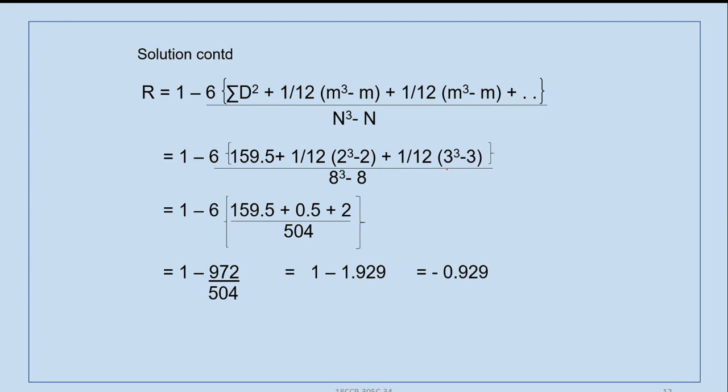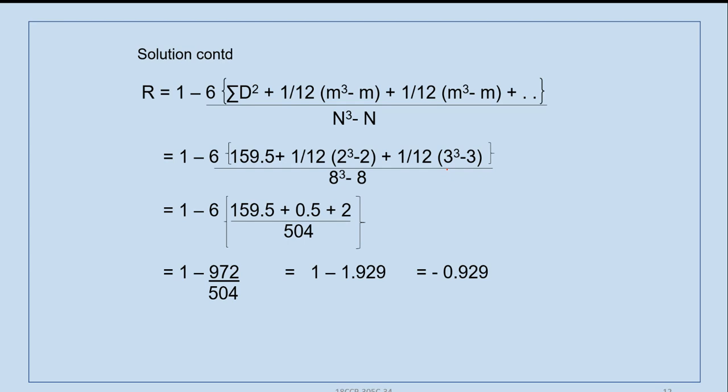So sigma d square is 159.5 and n is 8. So 1 minus 6 into 159.5 plus 1 by 12 into 2 cube minus 2, plus 1 by 12 into 3 cube minus 3, all divided by 8 cube minus 8. 2 cube minus 2 is 8 minus 2, and 3 cube minus 3 is 27 minus 3.